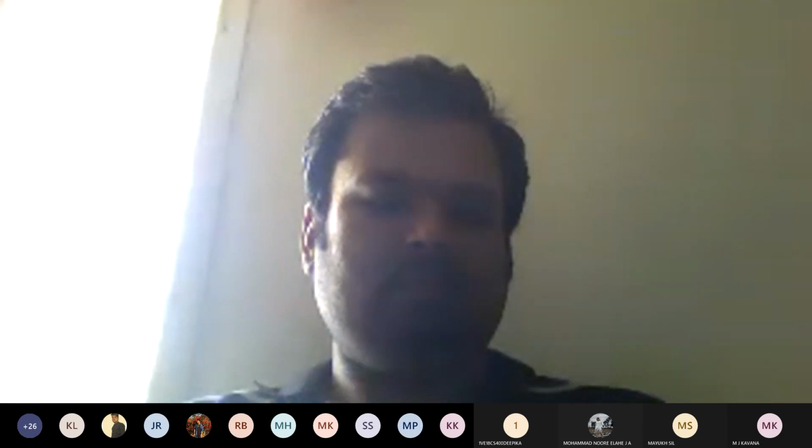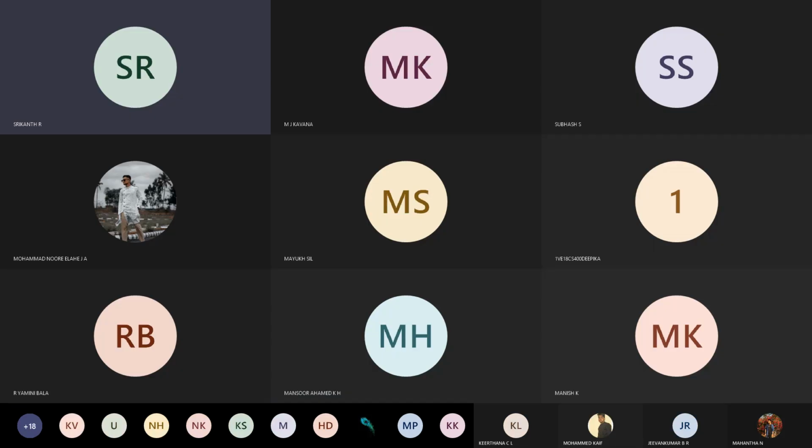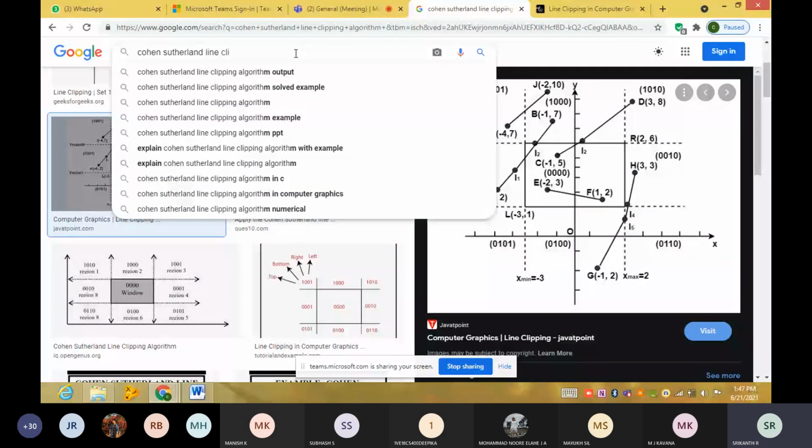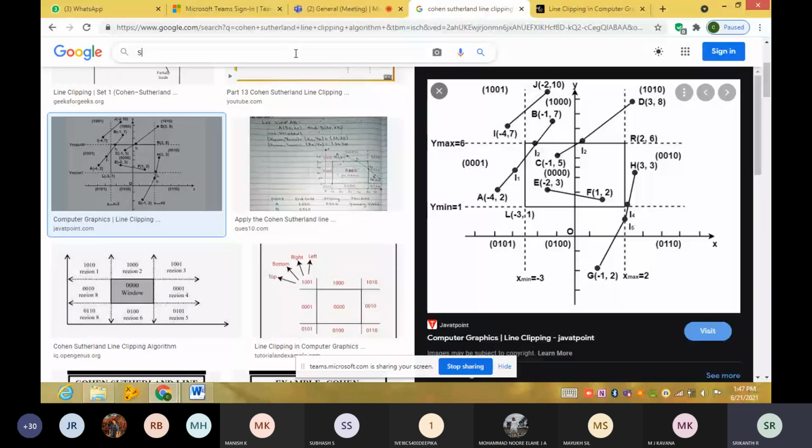Okay, guys, now we shall see polygon clipping. This is what we discussed in the previous two classes. Now we have the Sutherland Hodgman algorithm.